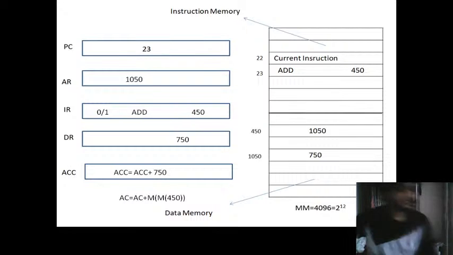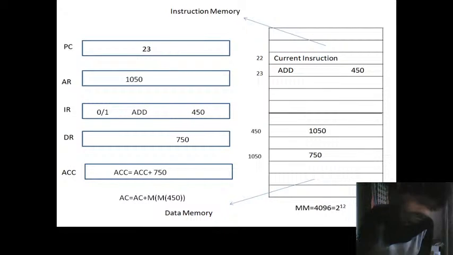Very good. As it is 750, listen to me carefully, Kirti. When an address has been sent to the data register, it is known that it is an address and it will get sent to the address register. Now when a value is sent to the data register, why would it send it to the address register? It is already a value.